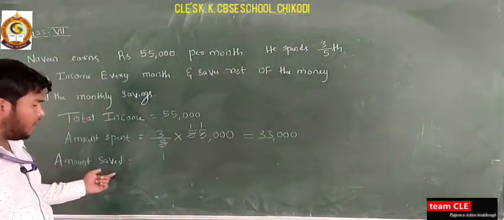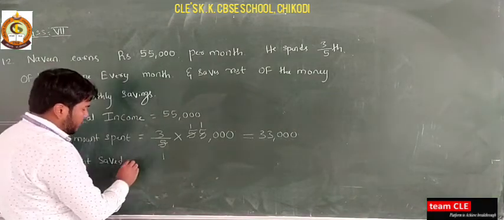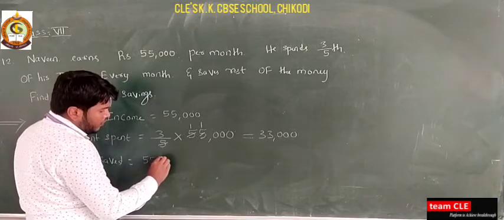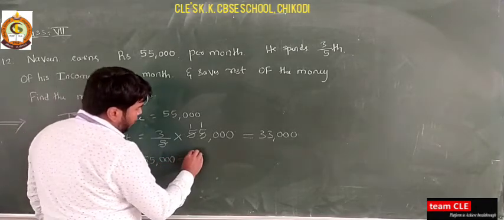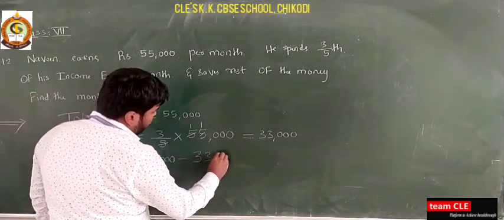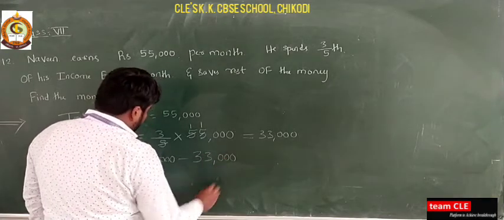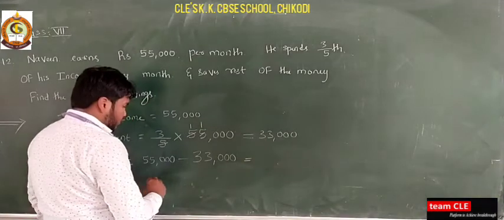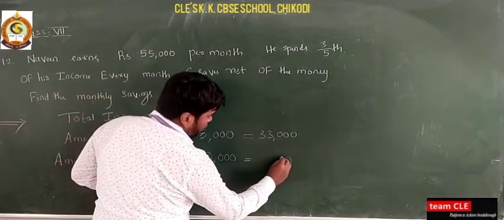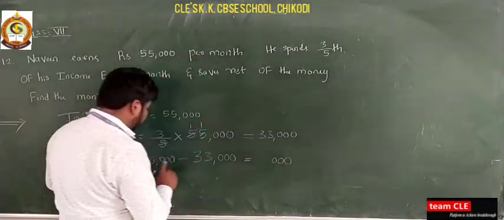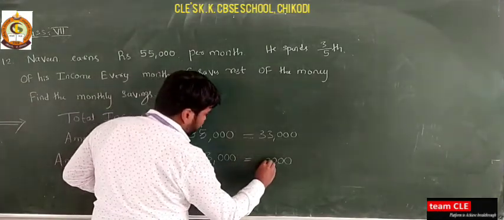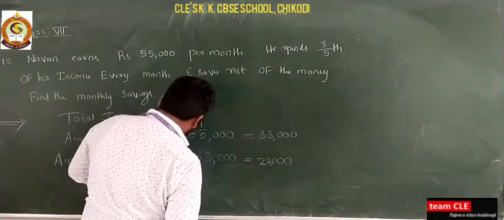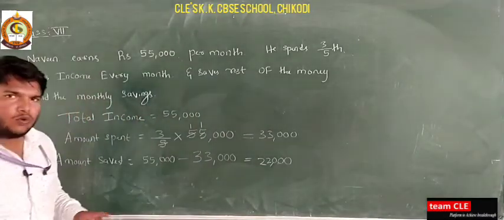So amount saved equals 55,000 minus 33,000. Zeros stay as they are, then 5 minus 3 is 2, again 5 minus 3 is 2. So the total amount saved is 22,000.